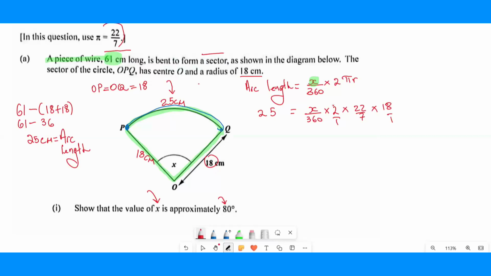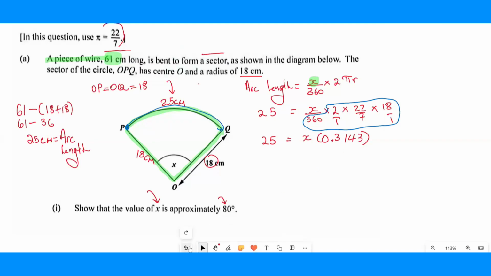If we divide that by 7 and divide it again by 360, what we're having is this. We're going to have 25, which is equal to x times, and I'm going to put this in bracket, 0.3143. So what I'm suggesting is that when we work out this part with all of these numbers, we're getting this, okay? So it's not a big deal right there.